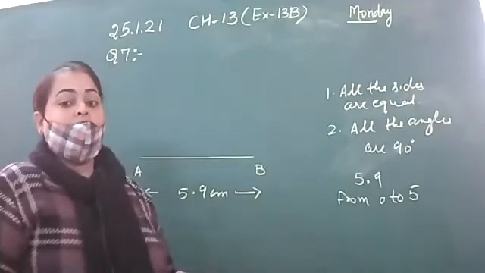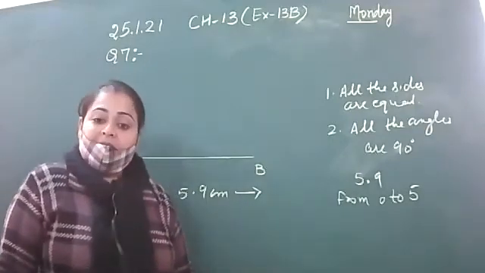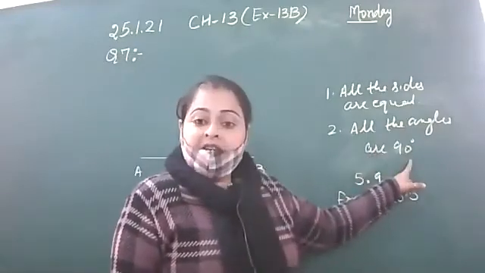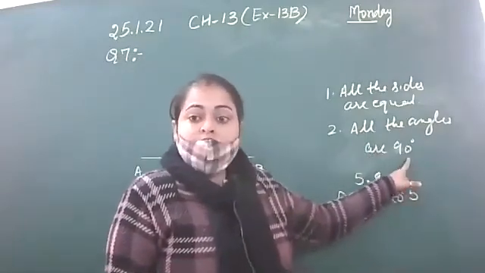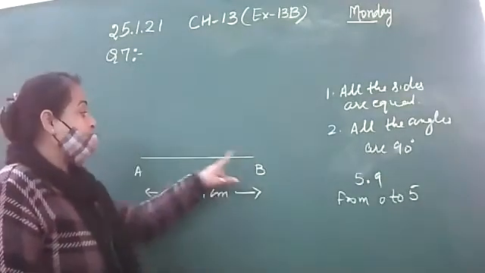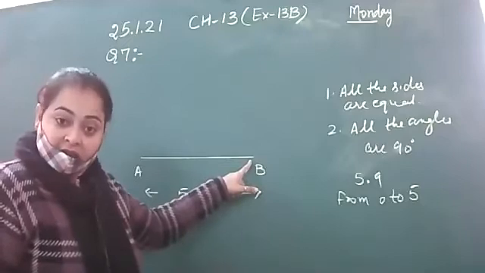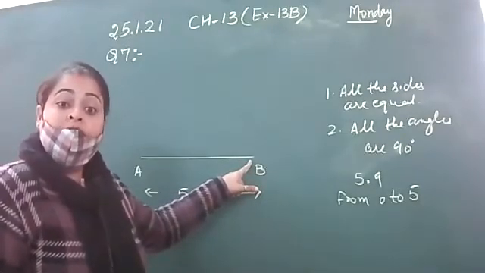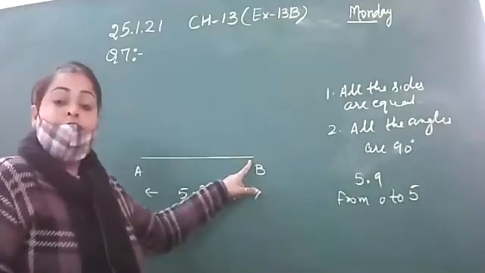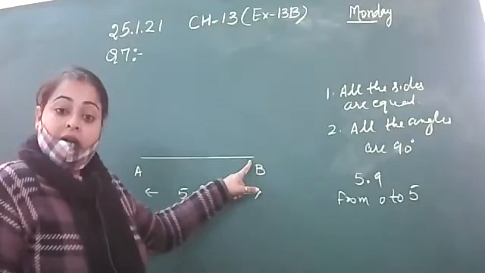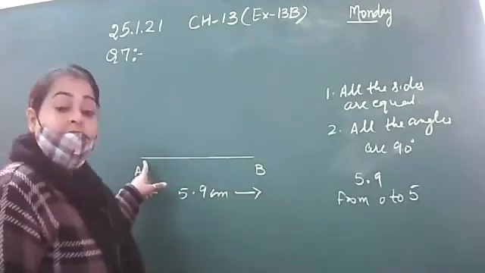Now, according to the property, all the angles are 90 degree. So at point A as well as at point B, we will construct an angle of 90 degree. First of all, I am going to draw an angle of 90 degree at A.